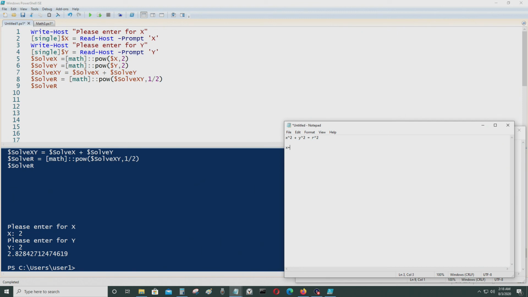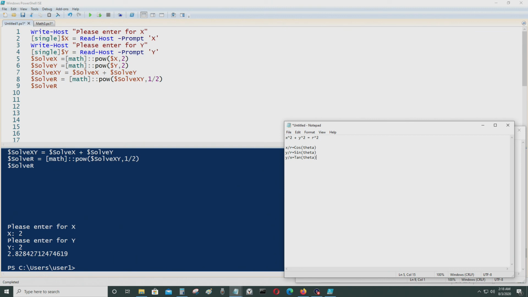So x divided by r is equal to cosine theta, y divided by r is equal to sine theta, and y divided by x is equal to tangent theta.